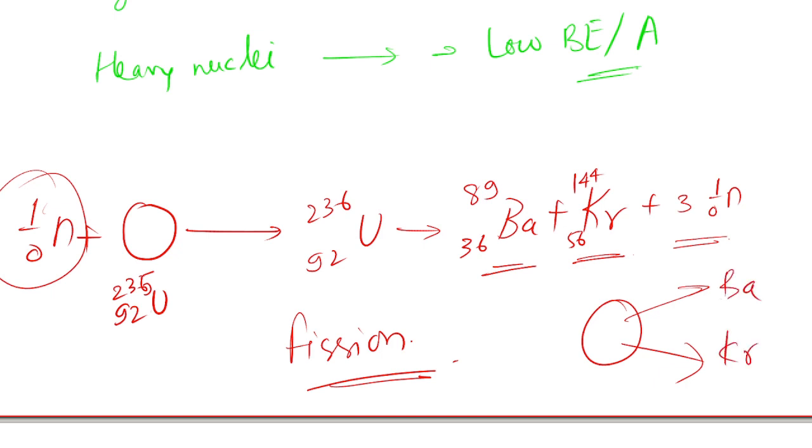Now it's more stable, and you can see from their mass number, it is reaching near to that plateau, though it's not perfectly there, but it's near to that plateau, right? So compared to 236, 89 and 144 will have more stability.